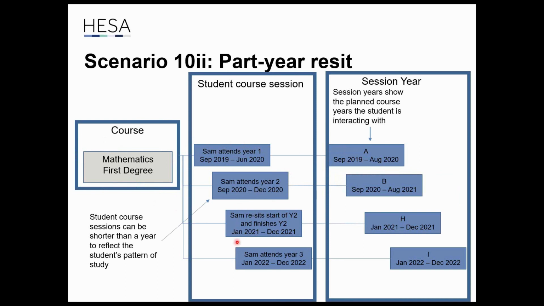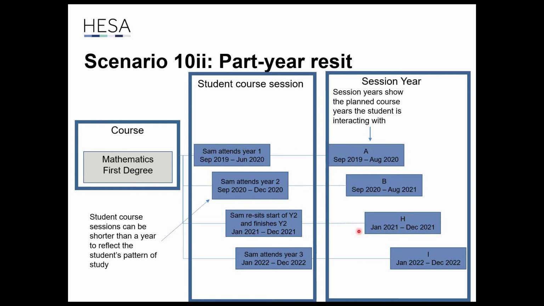And so what happens then is she comes back in January, but she's attached to the January-December session year. If you think back to the very first full-time example, I had 3 students there, one starting in September, one starting in January, and one starting in April. And so she's basically moved from the September buckets to the January bucket.